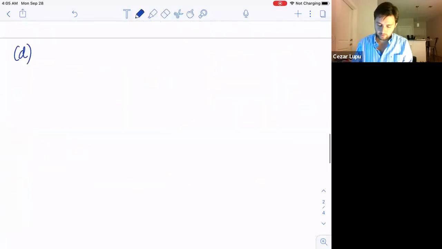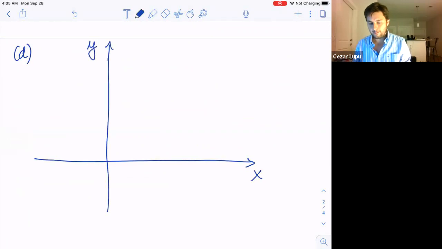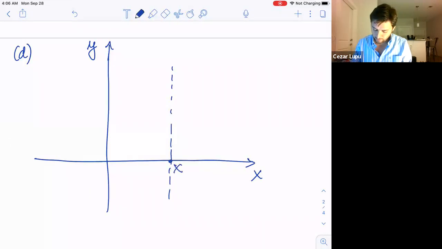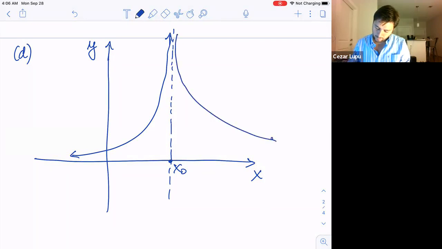Now let's see the fourth scenario. So let me draw the following picture. And here we have a pole, let's say. Let's say that here we have this. So this is the point x naught. And now the graph will look something like this. And let's just say I have, again, something that will look like this.